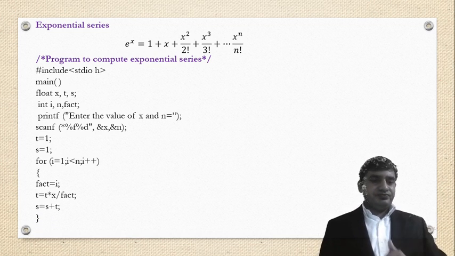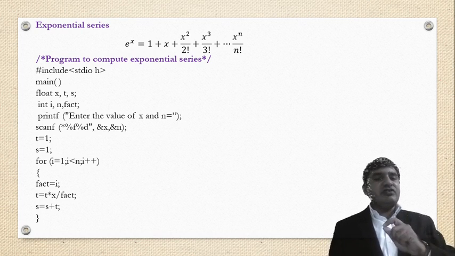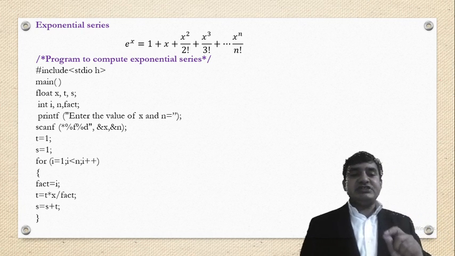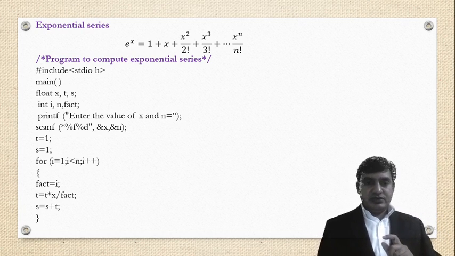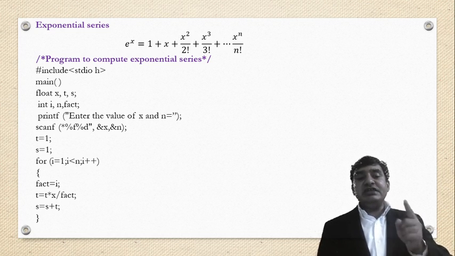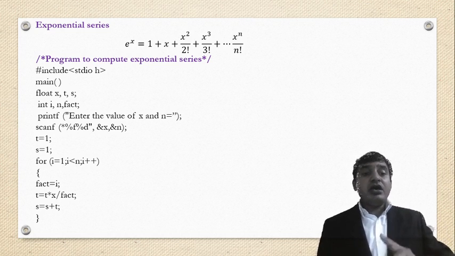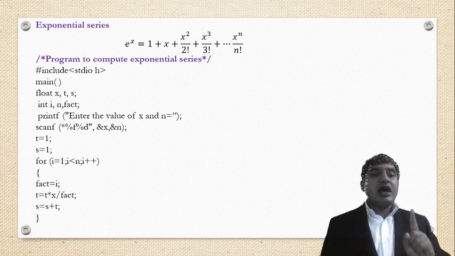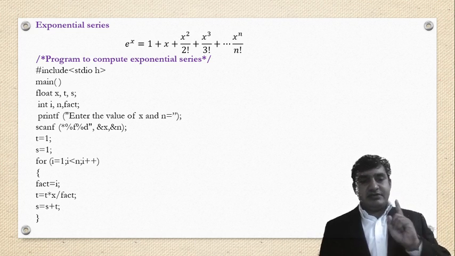Now fact is equal to 1, fact is equal to i. The first value of i is 1, then i is incremented by 1 up to i less than n.